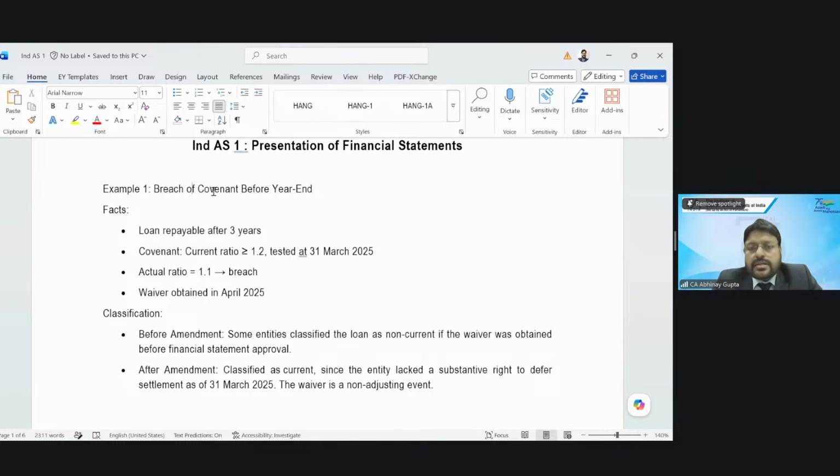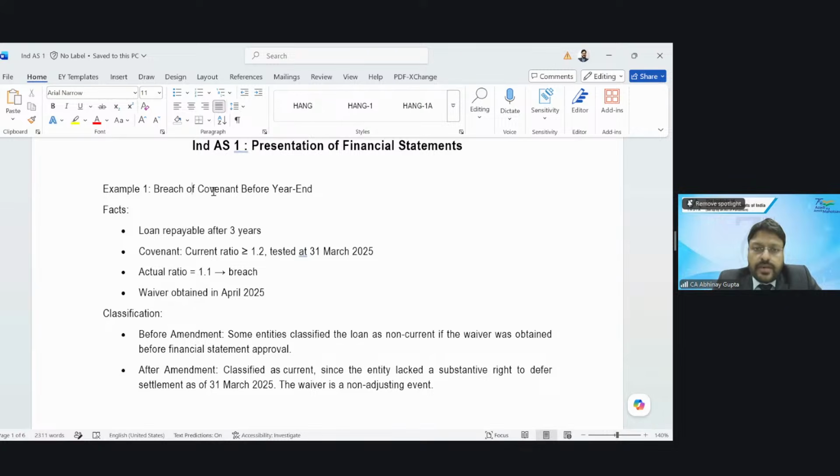So what does it result into? This situation results into the long-term loan, which otherwise would have been presented as a non-current liability on your balance sheet, because of the covenant breach, becoming refundable immediately. So it has become a current liability for the company, right?